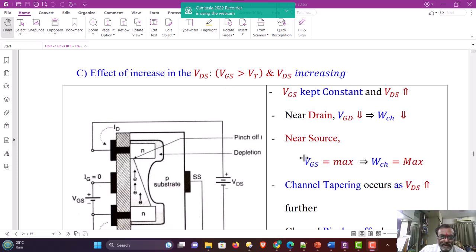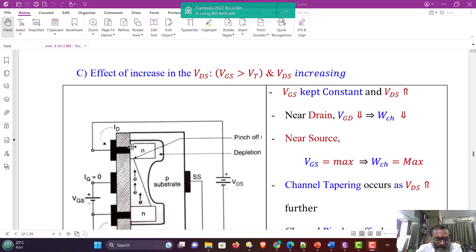If we apply a larger value of VDS, greater than the knee voltage or the specific voltage called the pinch-off voltage, the channel tapering occurs like this.